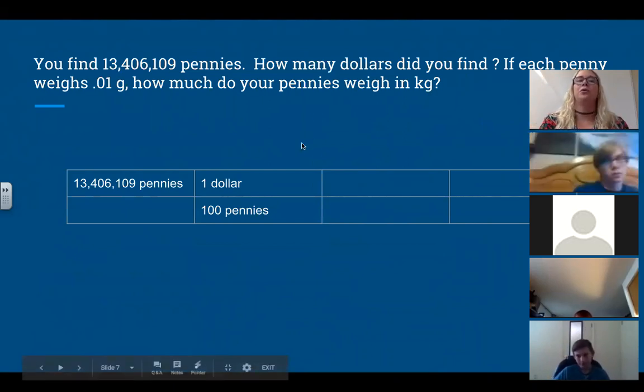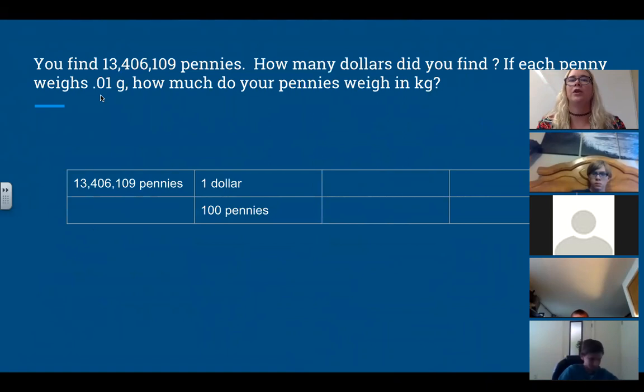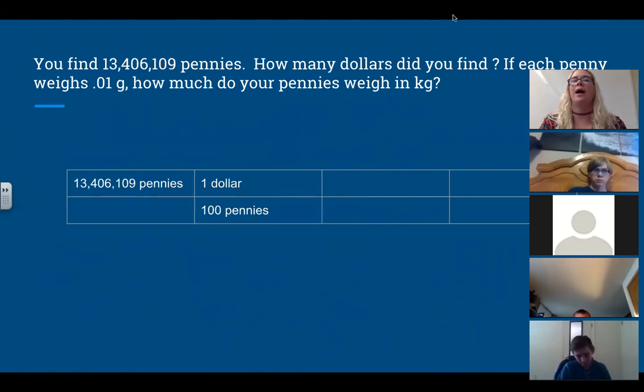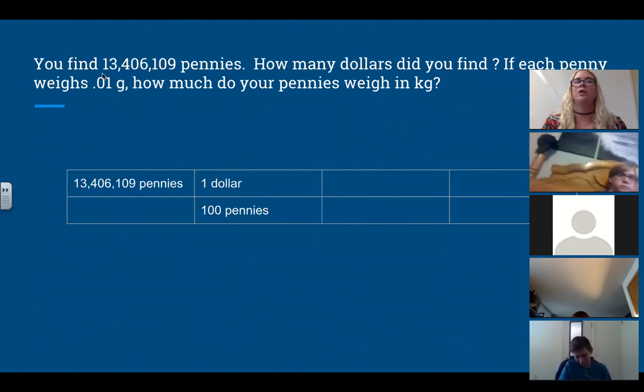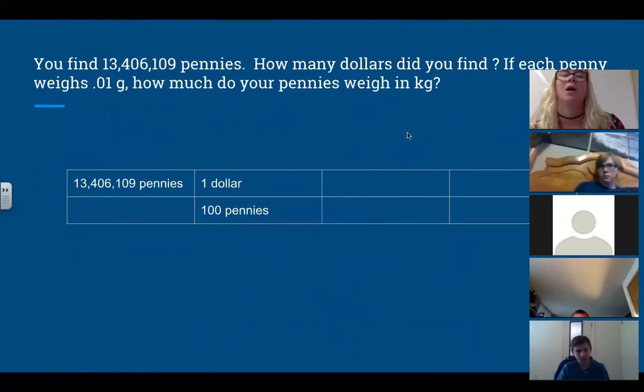Even though I have a setup here, we'll pretend that I don't. I want you to read this question and see if you understand the setup and actually do the calculation to figure out how many dollars were found and to continue doing this, finding the weight in kilograms.